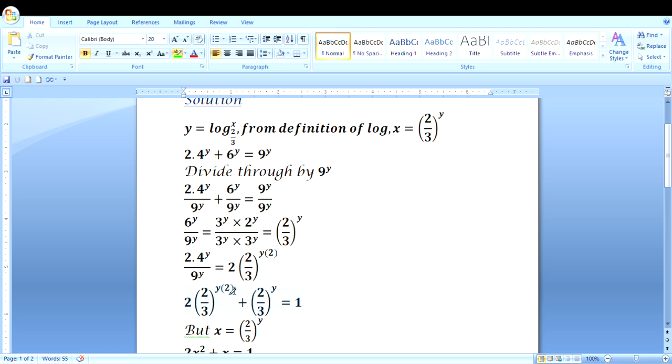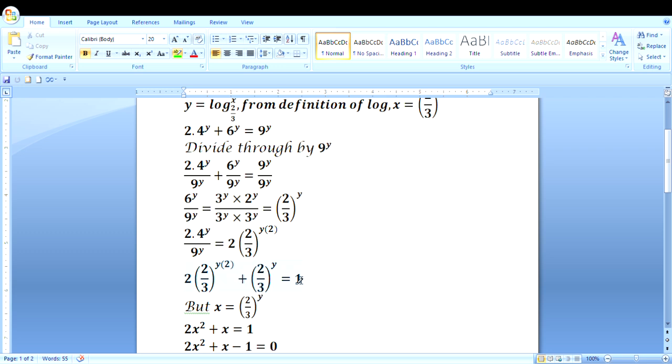We bring out the 2, which is common to both the power at the denominator and numerator of 9 and 4 respectively. This becomes 2 over 3 all raised to power y. You know, we said it's 2y for each of them. Let's factor out the 2. This becomes 2 open bracket 2 over 3 close bracket raised to power y times 2. Okay, so this is the whole expression now.